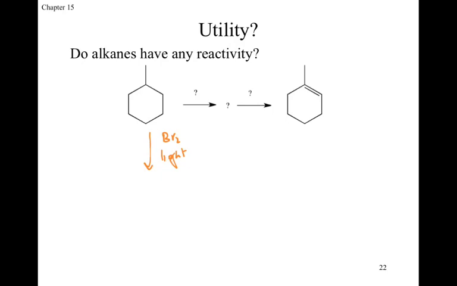And what will end up happening is that will cause a substitution for a hydrogen at the most substituted position, which happens to be here. I now have a tertiary alkyl halide. Okay, so that would be my first sequence. Okay, my first step, Br2 and light, which gets me my tertiary alkyl halide.